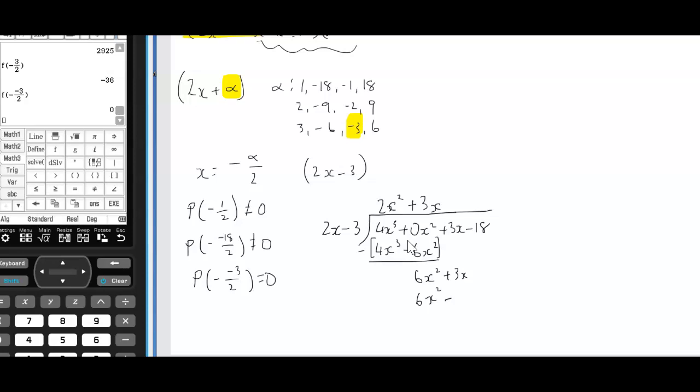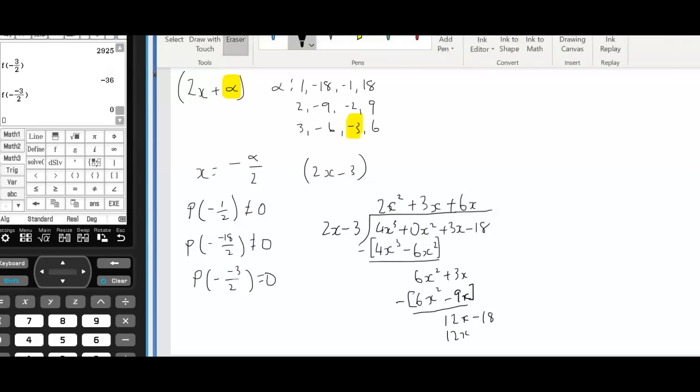Then 3x minus negative 9x gives 12x, and then bring that 18 down. The last one, 2x into 12x gives you 6x. Then we multiply that through, so we get 12x.